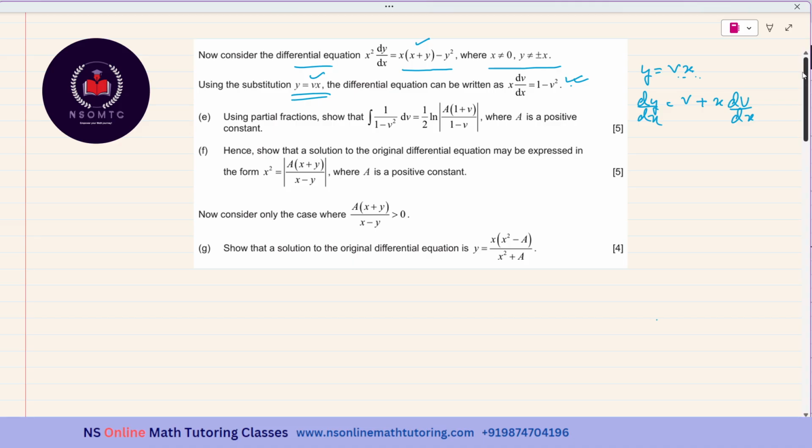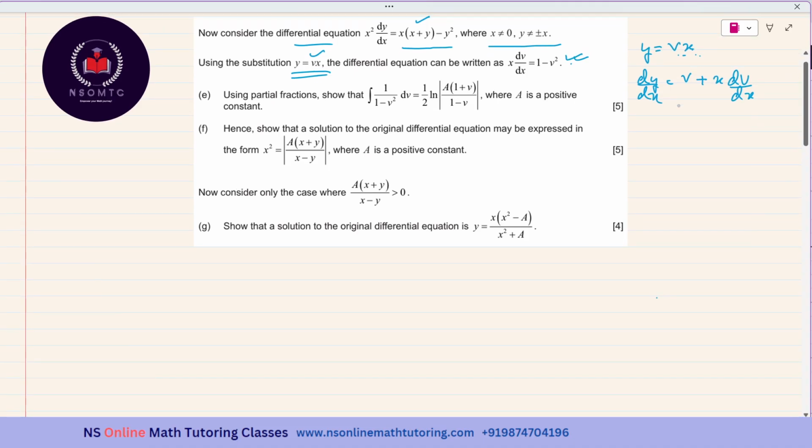Okay, and what is dy dx? Dy dx will be equal to, if I divide the entire equation by x squared, x squared plus xy minus y squared over x squared equal to v plus x dv dx.